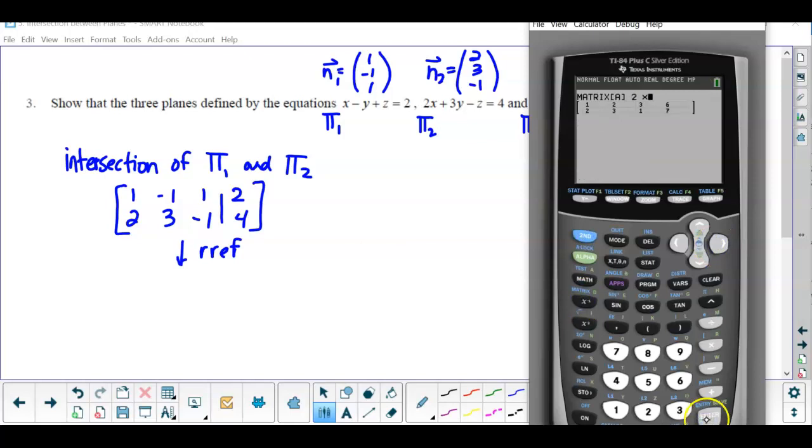Okay, so this is a 2 by 4. 1, -1, 1, 2, 2, 3. Okay.